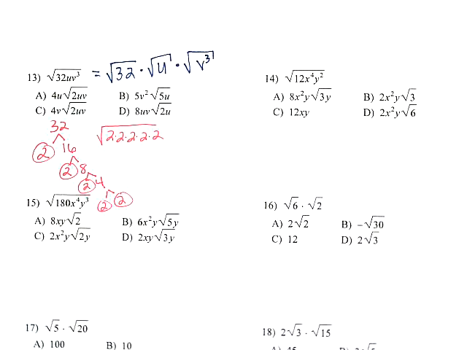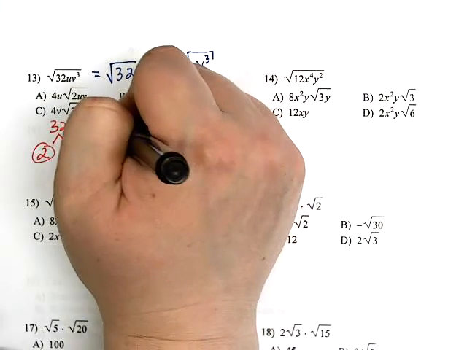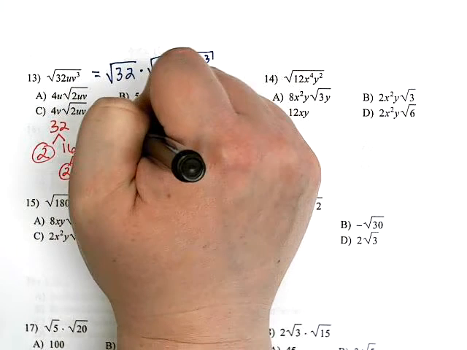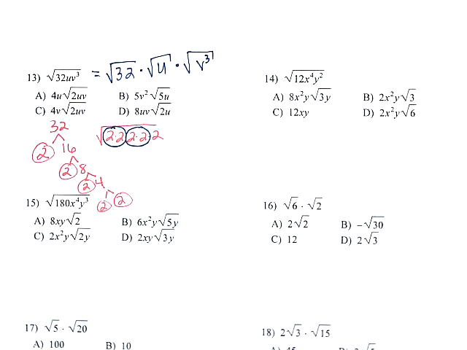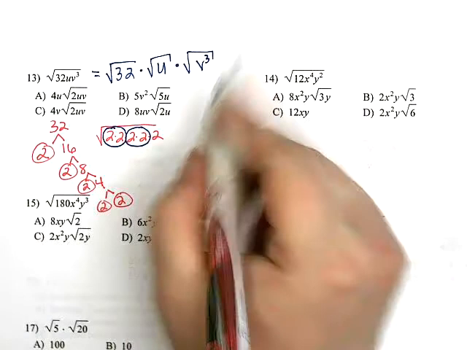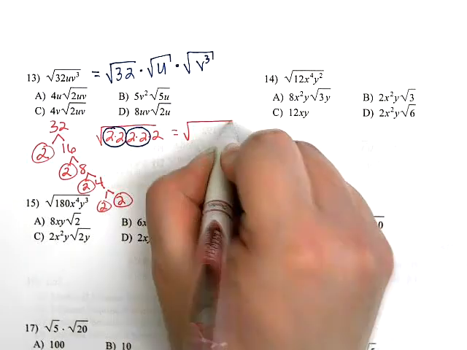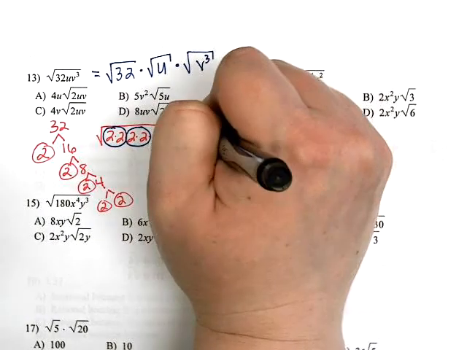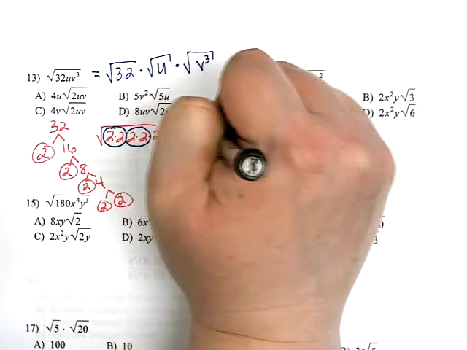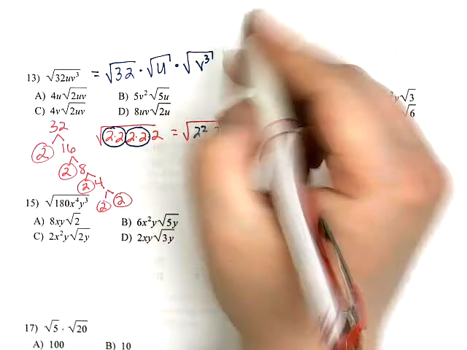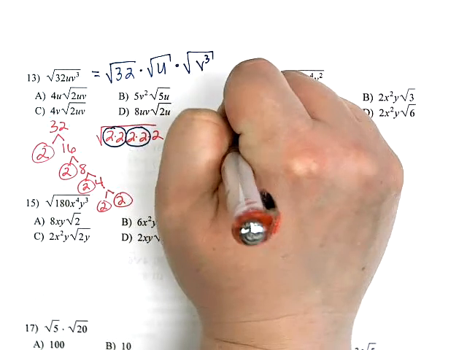And then remember, we're looking for pairs because square root means the opposite of squaring a number. So we're looking for anything that's being squared. So now I can rewrite this as the square root of 2 squared and another 2 squared and then just another 2 by itself.